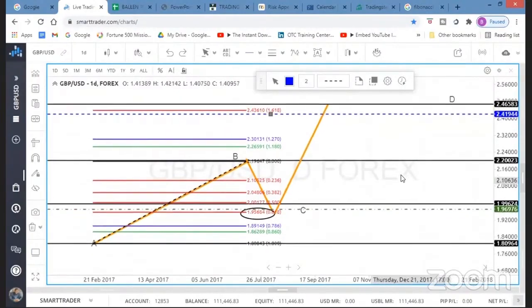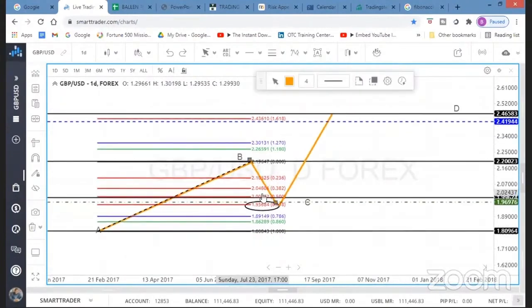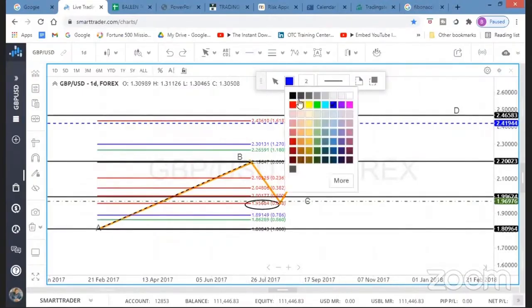Well, where do you put your stop? Where do we protect our backside in case this trade continues down? We don't want to lose all our money. Well, what we do is we put our stop loss in. Now, a couple thoughts on the stop.